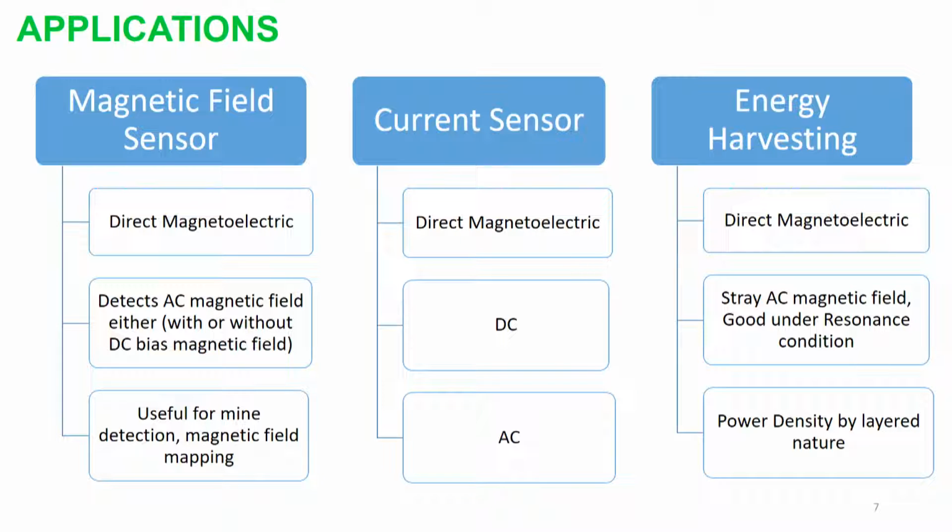When it comes to energy harvesting, people use mainly this direct magnetoelectric material, and you do not worry about how much energy we are spending, because we consider this a kind of stray amount that is being given, and from there we are able to harvest it. But just because stray magnetic field is being converted into energy, one has to see how much is the efficiency. It's not that we should not bother about that, we should bother about how much is the conversion efficiency of that.